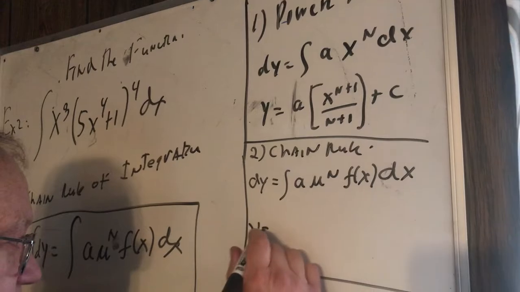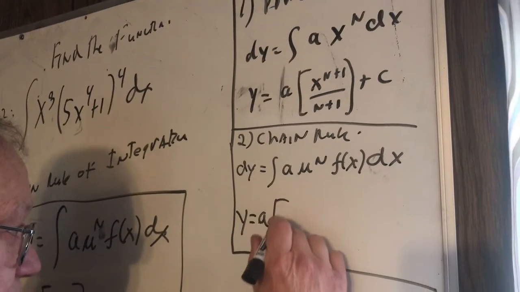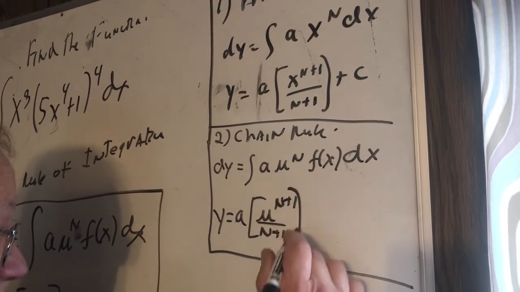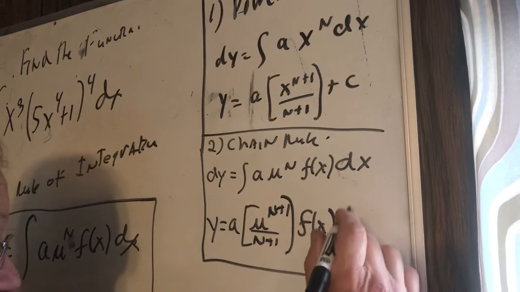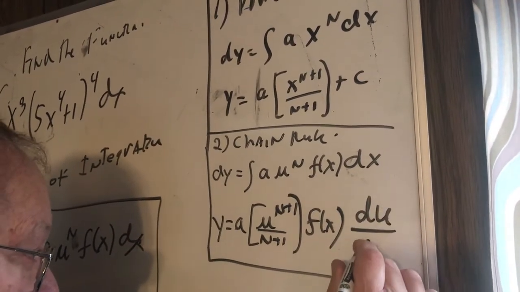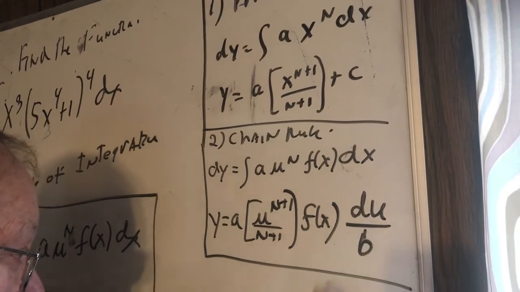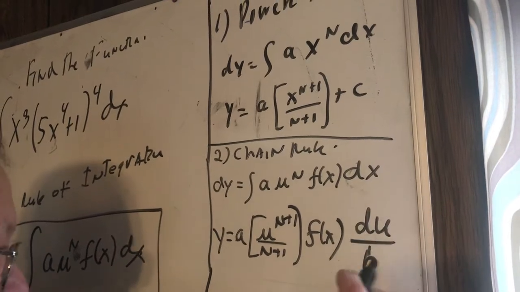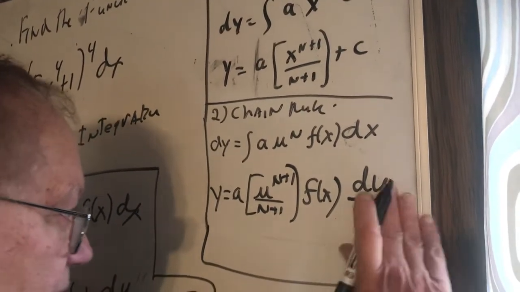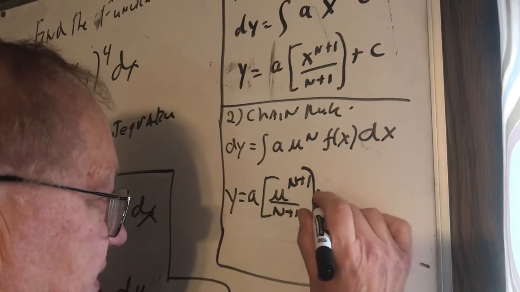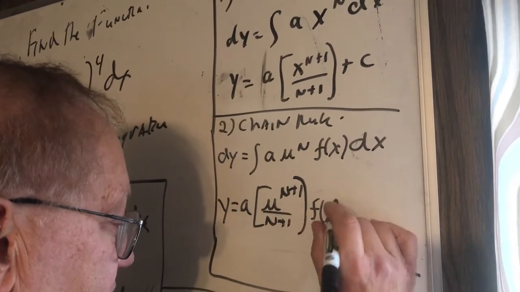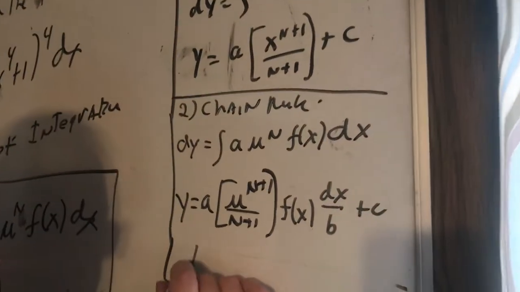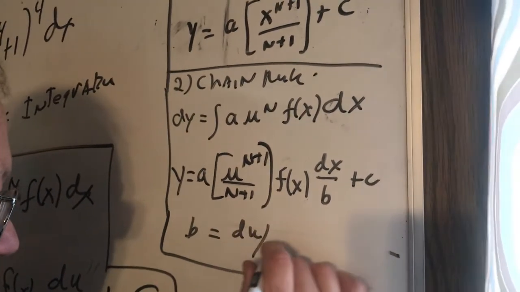So y equals a u to the n plus 1 over n plus 1, f(x) dx over b plus c, and we know that b equals du dx.